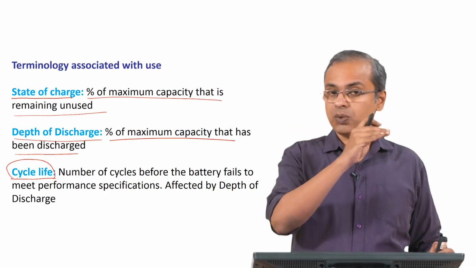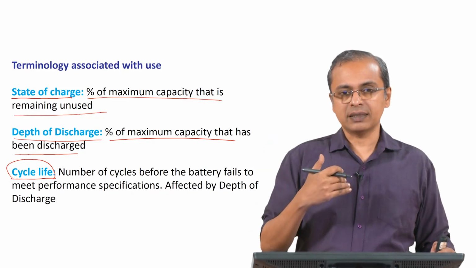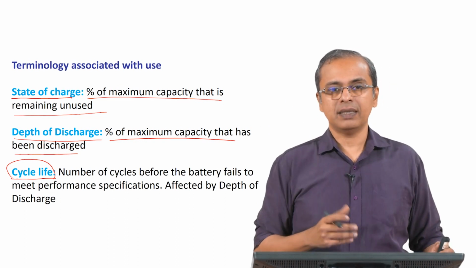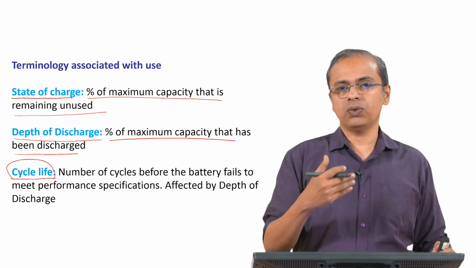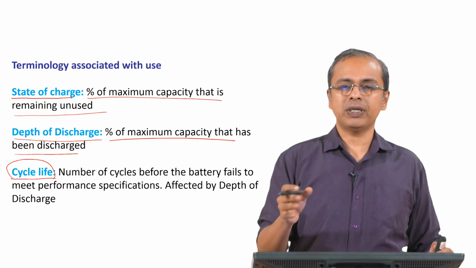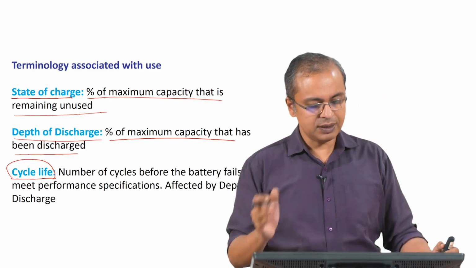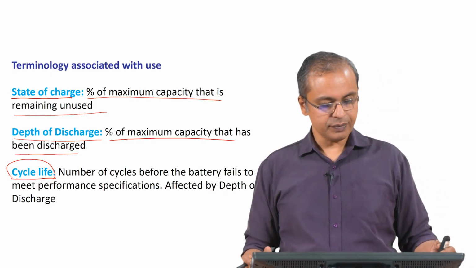In a battery tester you can set the current, you can set the voltage boundary, and you can ask it to keep cycling, and you can also say cycle till you get the 7 hour mark and tell me when that happens. Once you set this up, it will continue the testing for 100 cycles, 200 cycles, etc., and then at some point it will stop, and then you can take the data, plot it and see what has happened. Okay, so this is the meaning of cycle life.